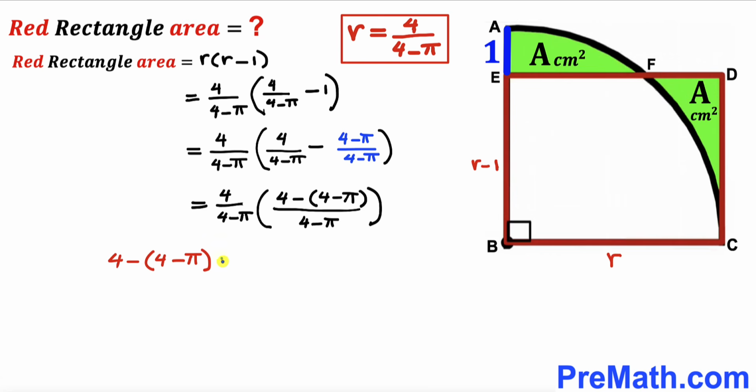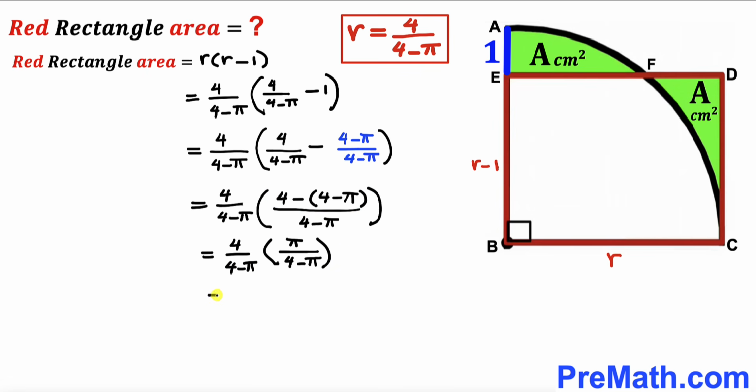And now we are going to simplify. Let's go ahead and distribute this negative sign. So therefore this could be written as 4 minus 4 plus pi. And here we can see this 4 and negative 4, they are gone. So therefore we are just simply ended up with pi. So therefore this whole numerator reduces to simply pi.